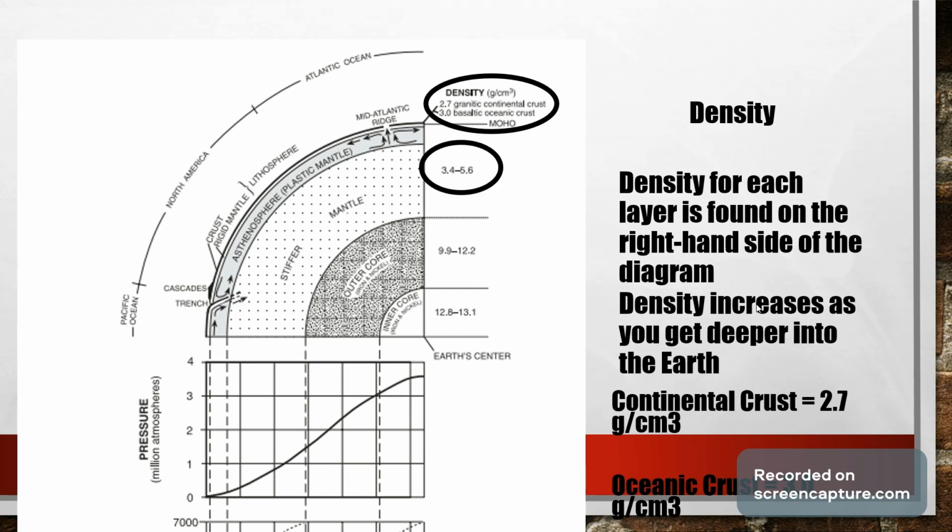Now, as we move a little deeper into the stiffer mantle, our density range is increasing from 3.4 to 5.6, still increasing into the outer core and still increasing into the inner core. So we don't have to memorize any of these densities. We just have to be able to look at this diagram and determine which layer is going to have a higher density.